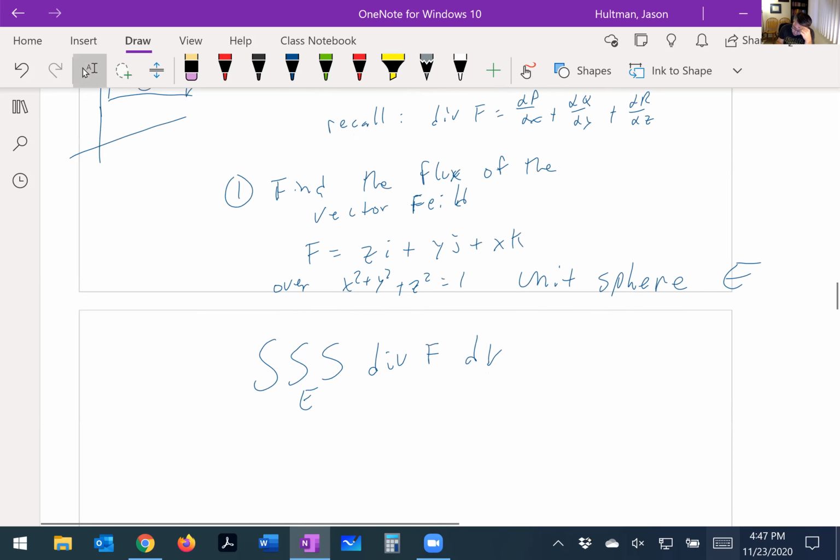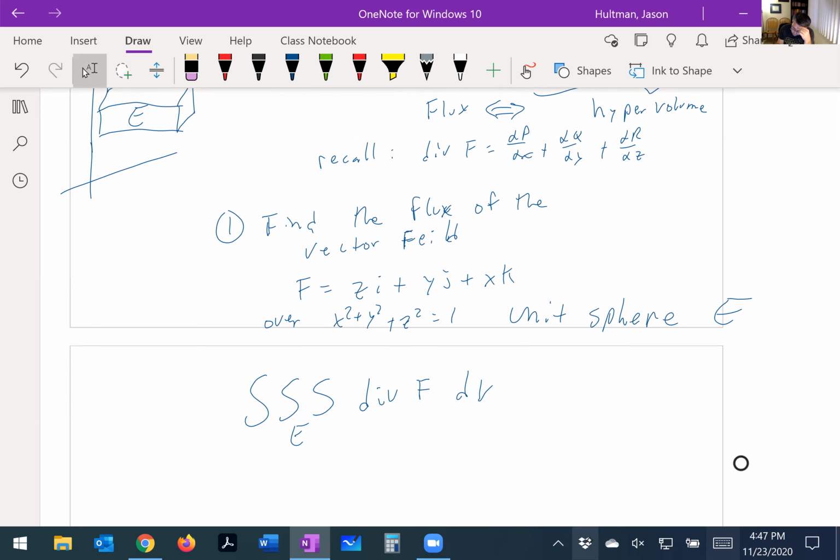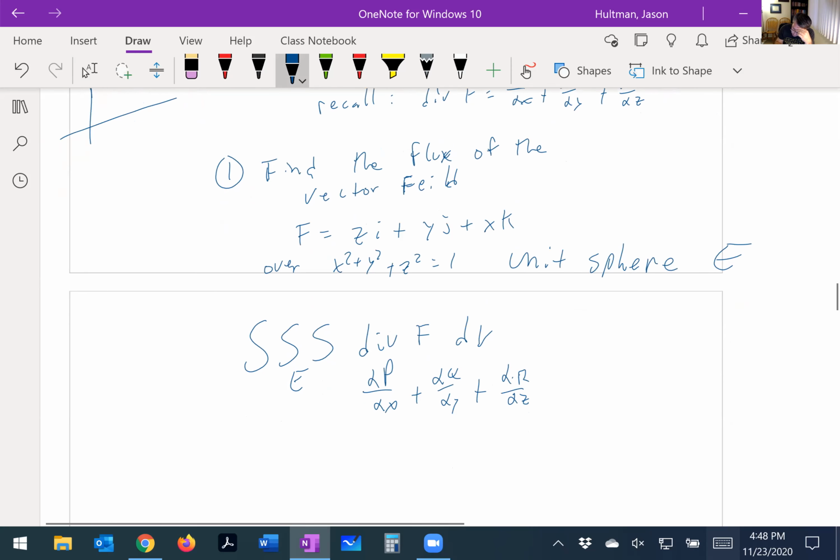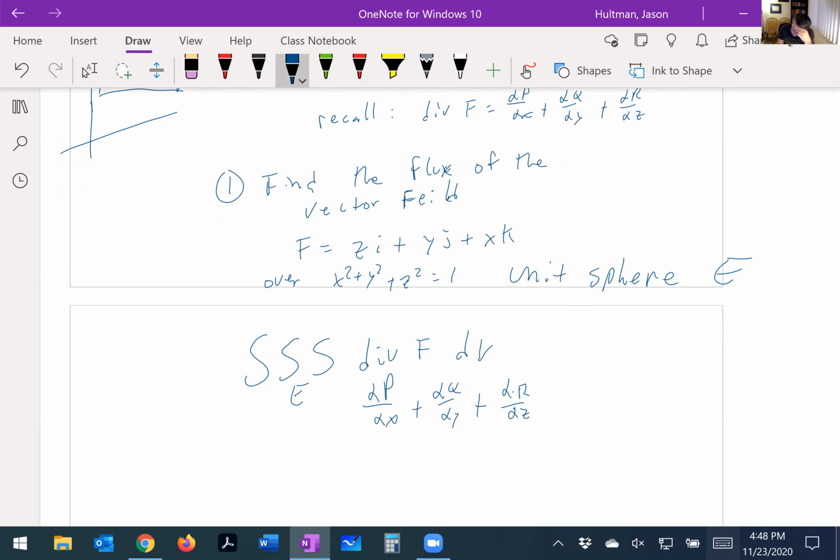So what's the divergence of f? Well, that's going to be dP/dx plus dQ/dy plus dR/dz. So what's z with respect to x?